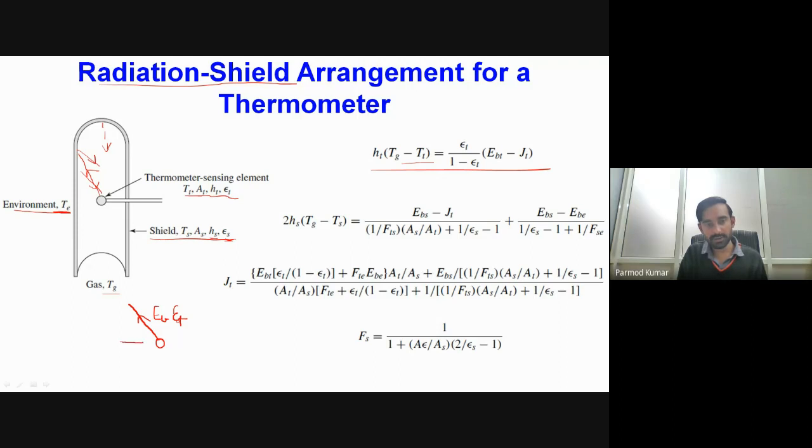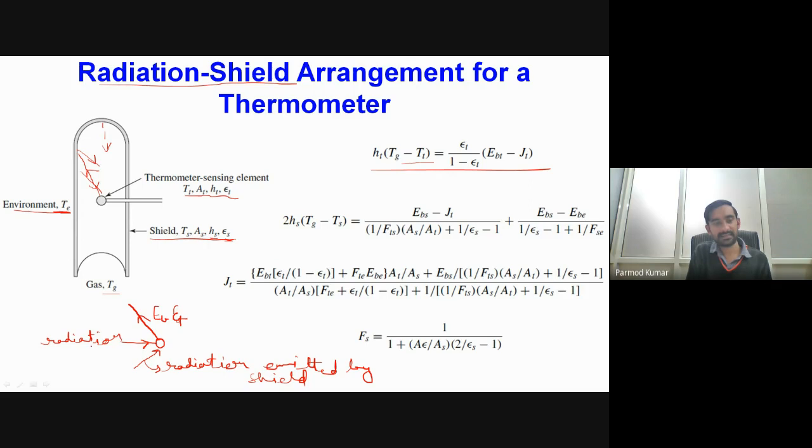However, over the thermocouple surface we now have two contributions. One contribution is the radiation emitted by the shield, and the other is the radiation reflected by the shield.